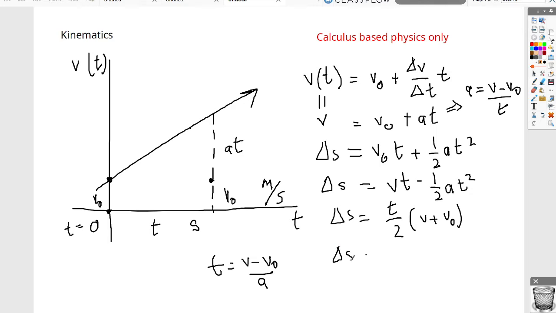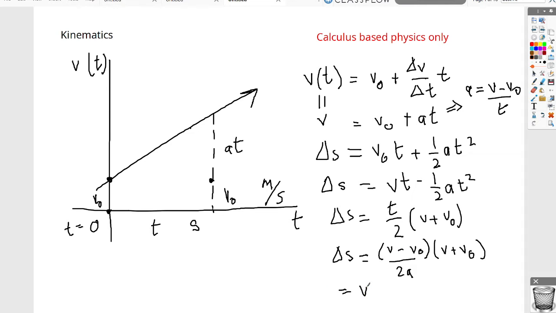It's a lot simpler because we could use something called difference of squares. So T over 2 will become V minus V naught over 2a, times V plus V naught. This will become V squared minus V naught squared over 2a equals delta S. So then we can say that 2a delta S equals V squared minus V naught squared. That is your last kinematics equation.